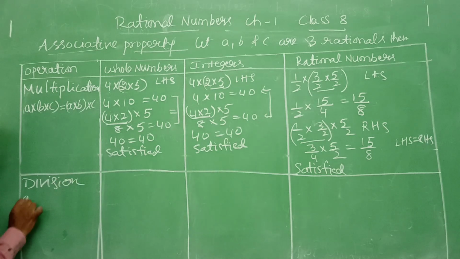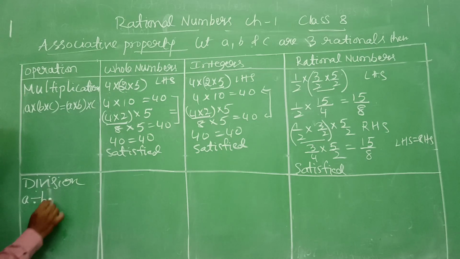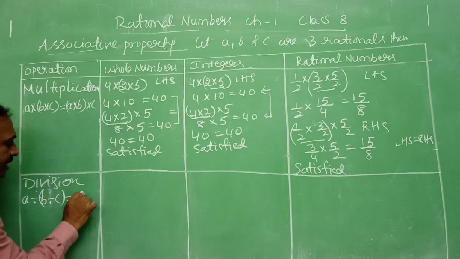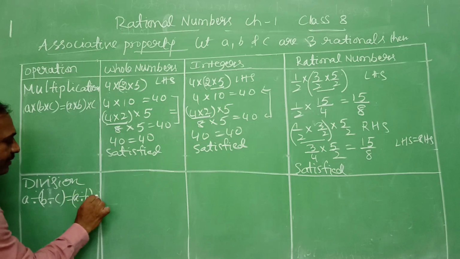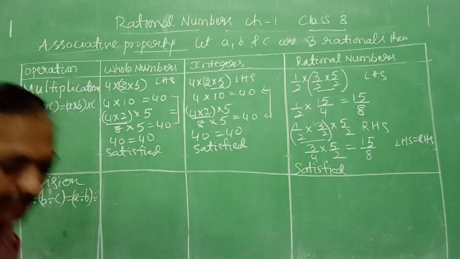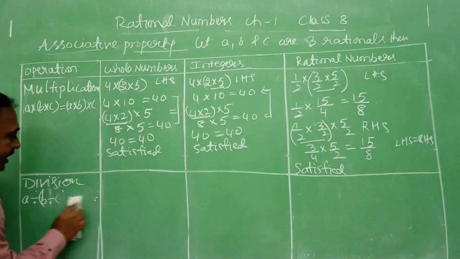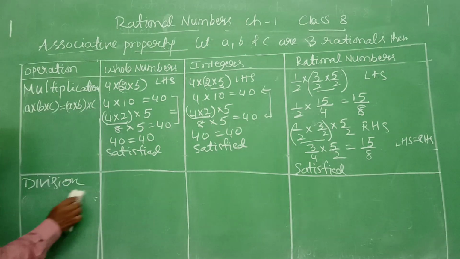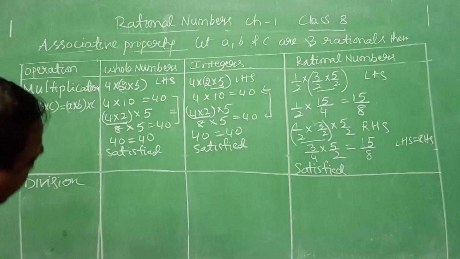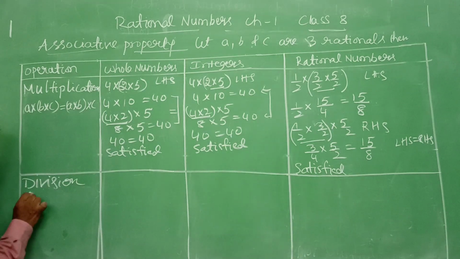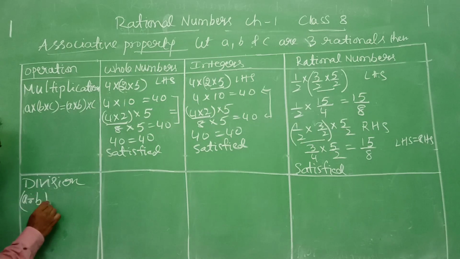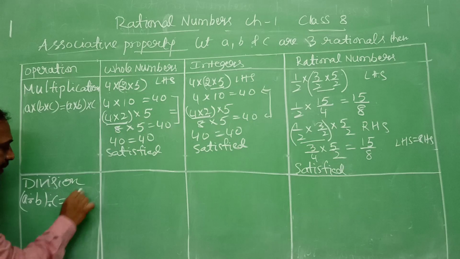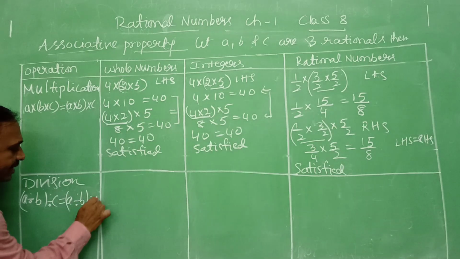That is A divided by B, bracket divided by C. Bracket for these two should be equals to A divided by B divided by C. So we need to change the bracket for LHS and RHS. A divided by B divided by C should be equals to A divided by B divided by C.